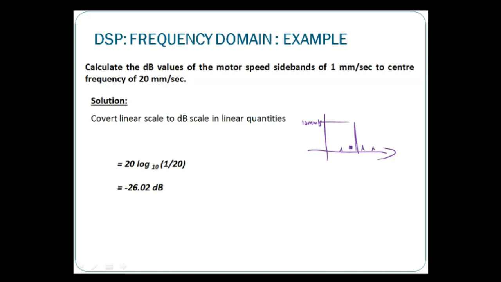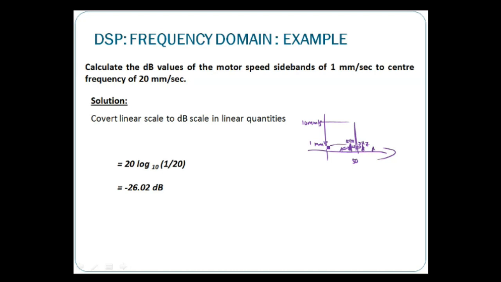These frequencies have a fixed gap, let's say a 5 hertz difference. Every 5 hertz you see a sideband peak beside the central frequency, and here the linear value is 1 mm per second.